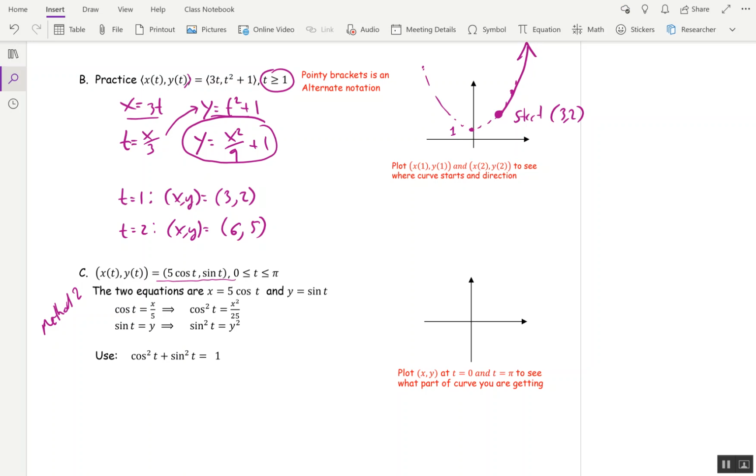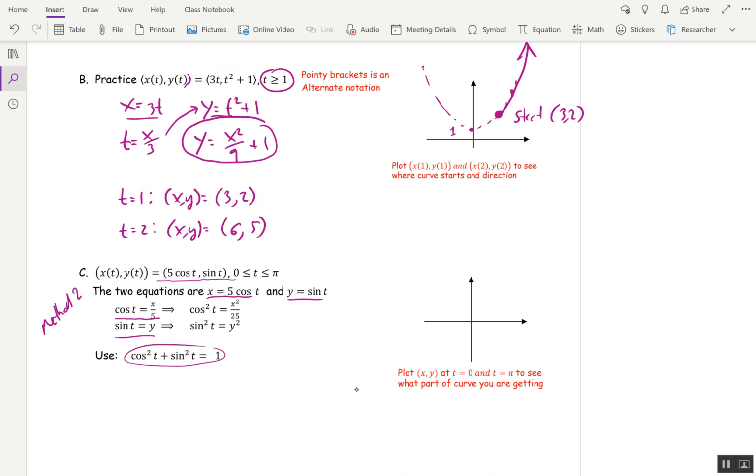So we've got x is 5 cos t and y is sine t. Solve each of those equations for cosine and sine. So the first equation tells me cosine t is x over 5. And the second equation tells me sine t is y. Now square both sides, because I want to use the fact that cosine squared plus sine squared is 1.